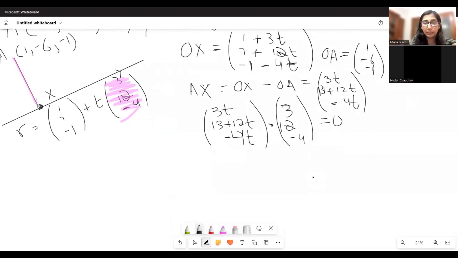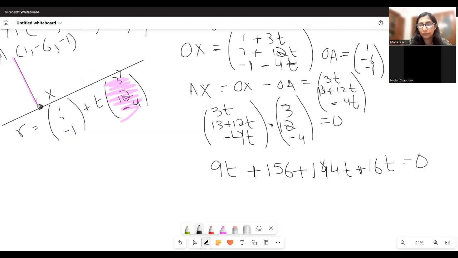Okay, so that's going to be 9t plus, what is 13 times 12? 156, plus 12 into 12t, 144t, plus 16t equals 0. So 144 plus 16 plus 9 is 169. That is a very weird value.